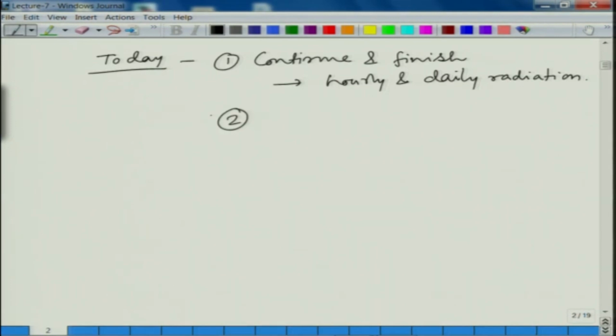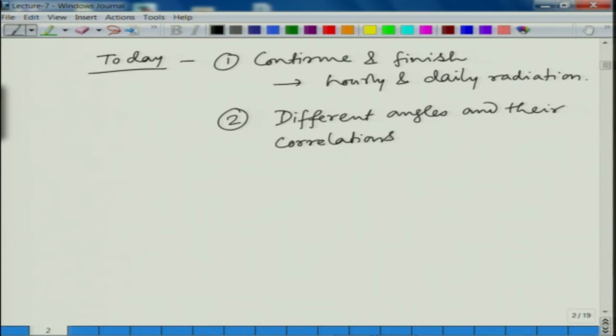And then a very important topic that we are going to start is the different angles and their correlations.